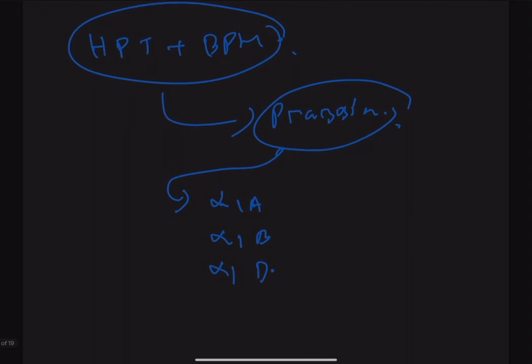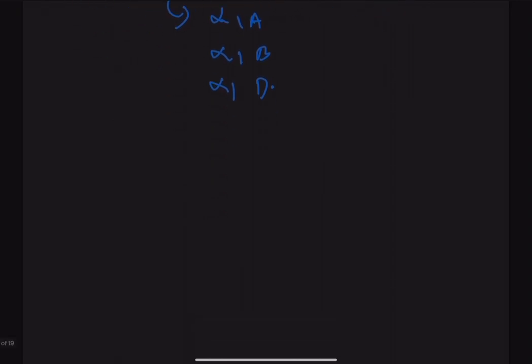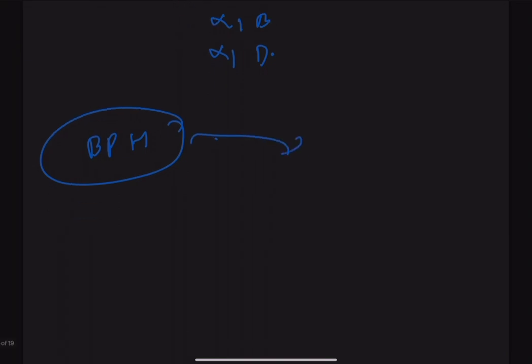So this is the drug of choice for hypertension with benign prostatic hypertrophy. Okay. In benign prostatic hypertrophy, we have other two drugs like alfuzosin and silodosin. Okay.